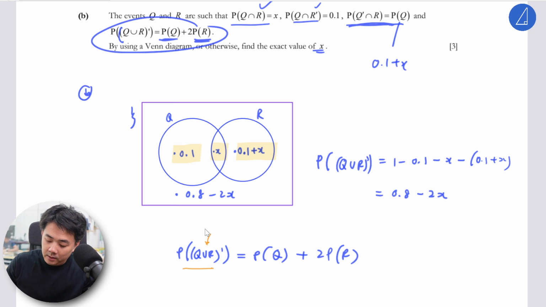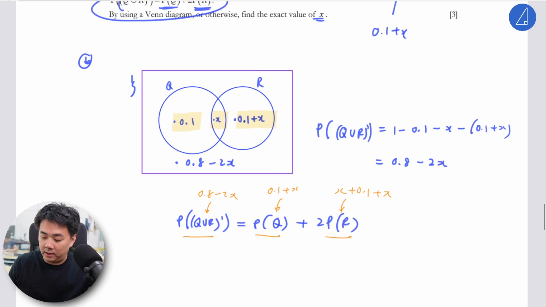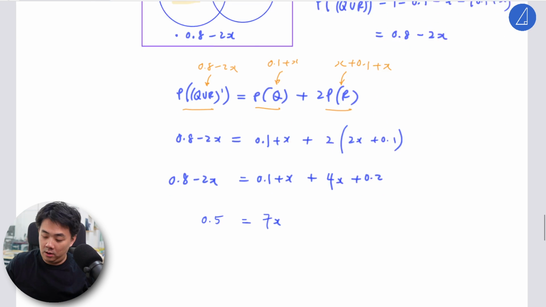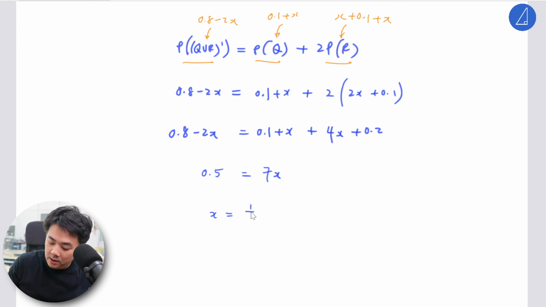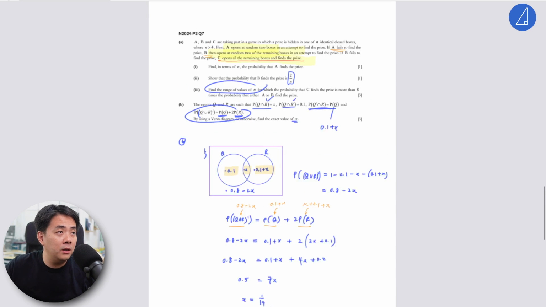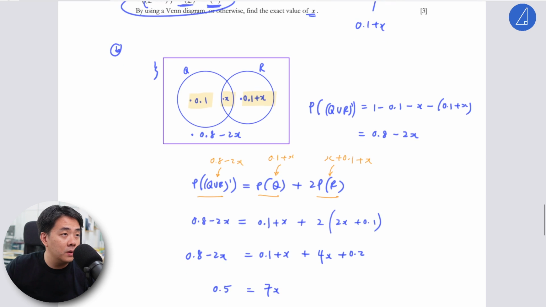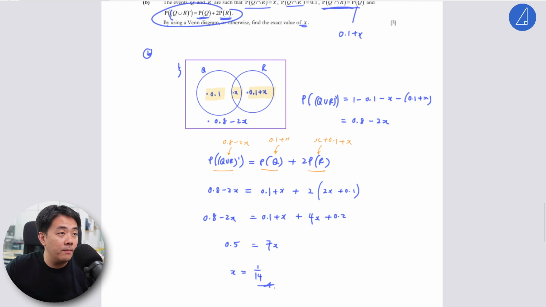This guy will be 0.8 minus 2x. PQ will be 0.1 plus x. PR is x plus 0.1 plus x. Then I'm just gonna solve for x. That's it. So I got x is 1 over 14. Great. So I think part A and B are not related. So for part B, just draw the Venn diagram and solve it.